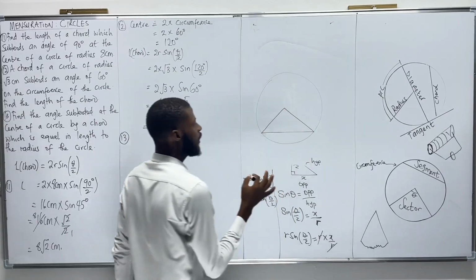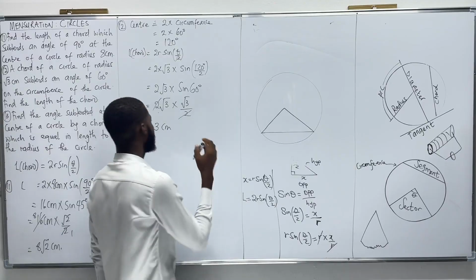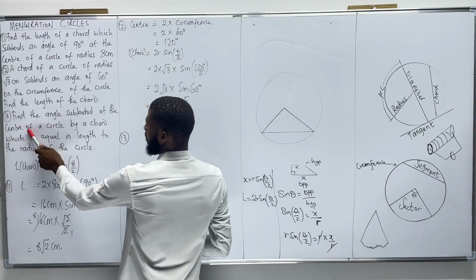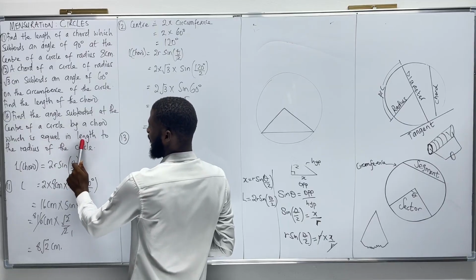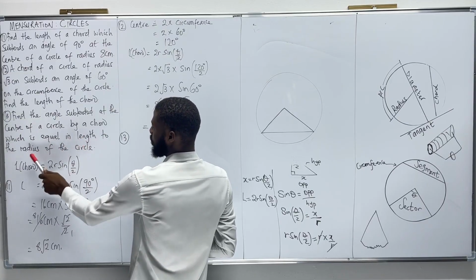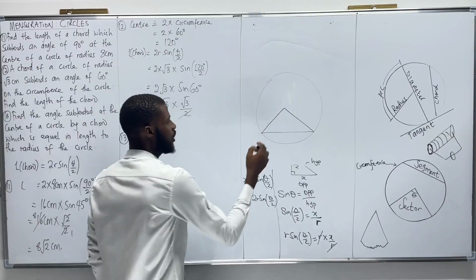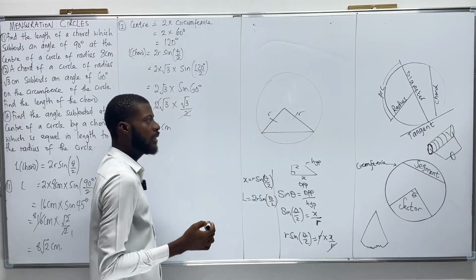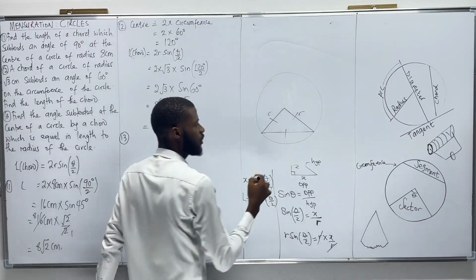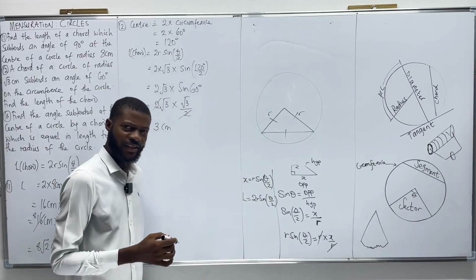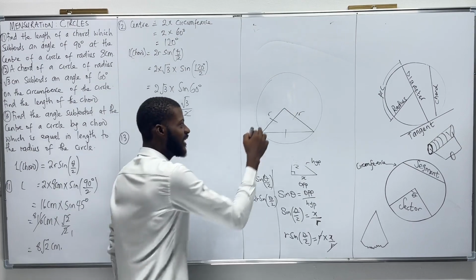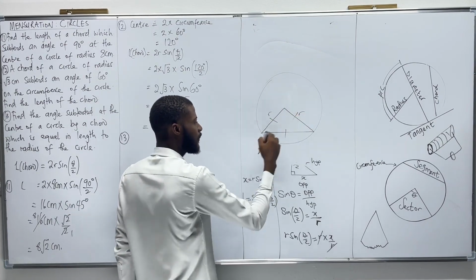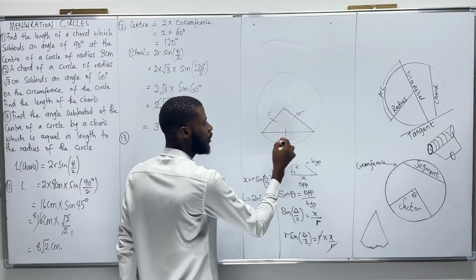Now, if you look at this properly, they're saying that the length of the chord is equal to that of the radius. This radius, we already know that this and this are the same. Now the question is also saying that this one is also the same. Are you thinking what I'm thinking? These two are normally the same because the radius is normally the same, and I'm saying that this chord is also the same. So what do we have?